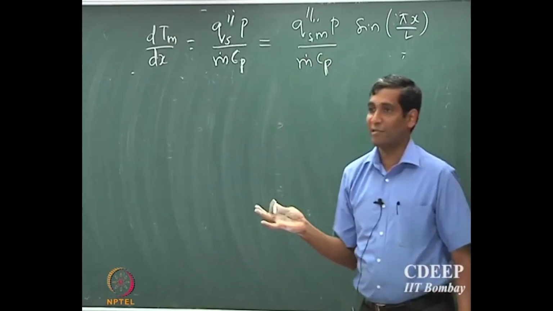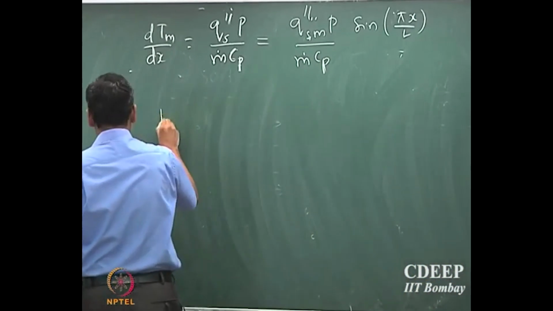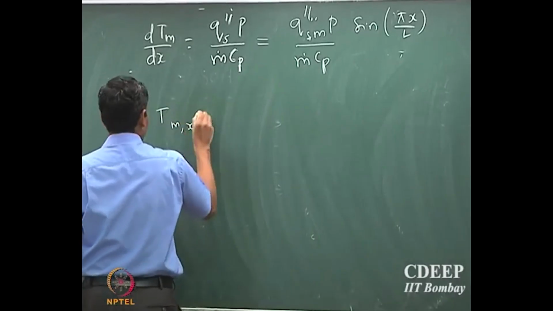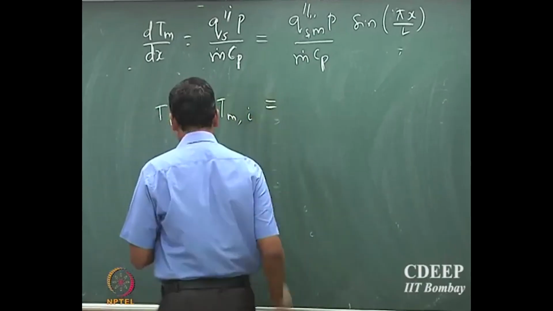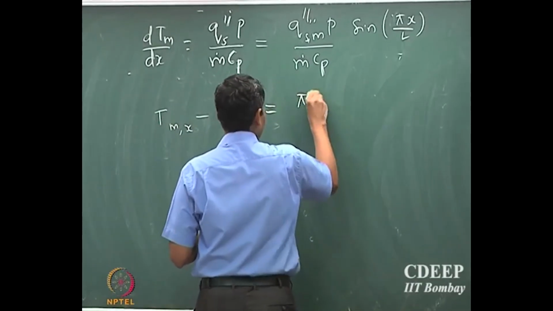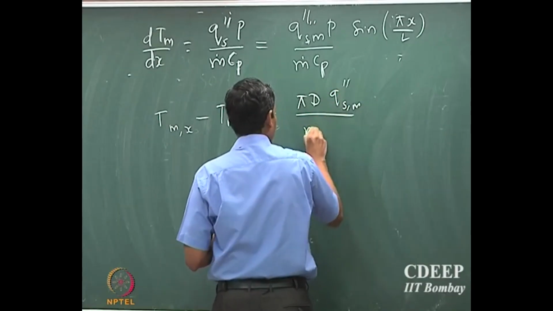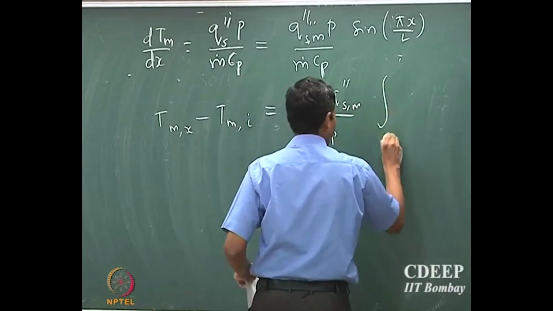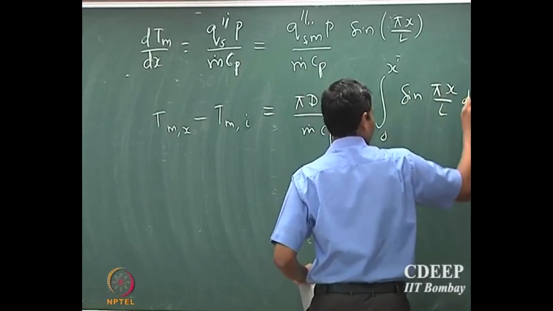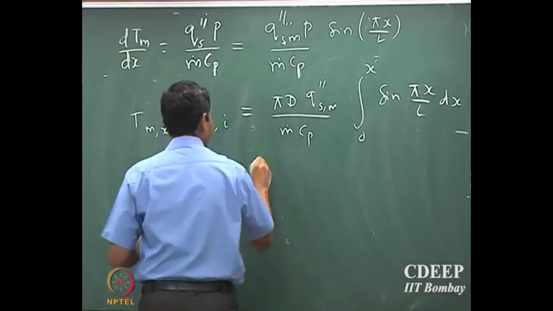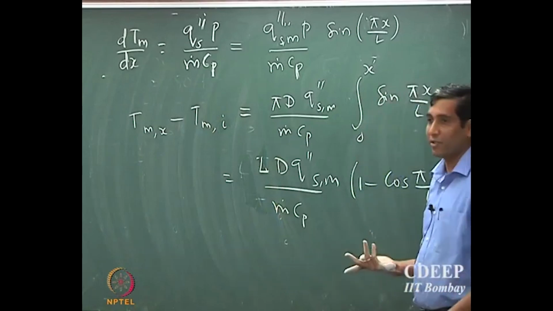So, we integrate this, we get it very easily. Okay. So, we find that Tm at x minus Tm at the inlet is equal to pi d, which is the perimeter, divided by m dot Cp, integral 0 to x sin pi x by L dx. That gives you the expression for the mean temperature as a function of x location.